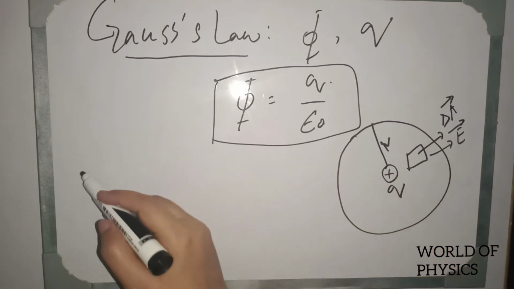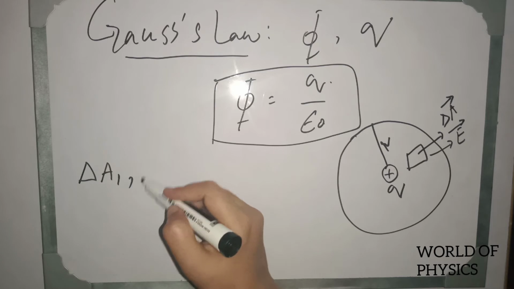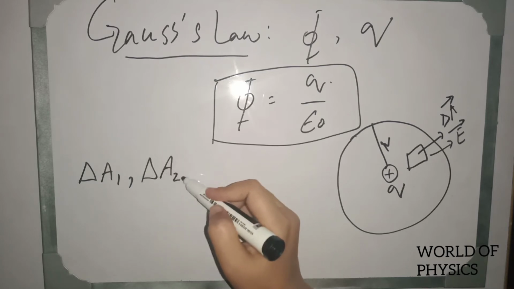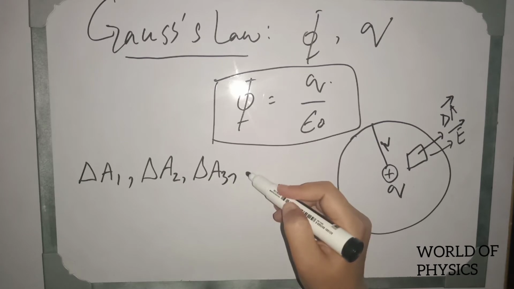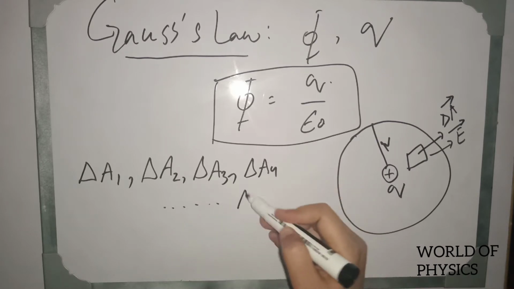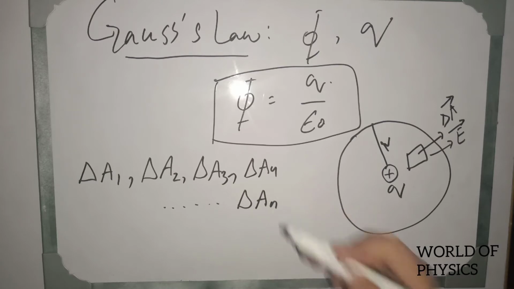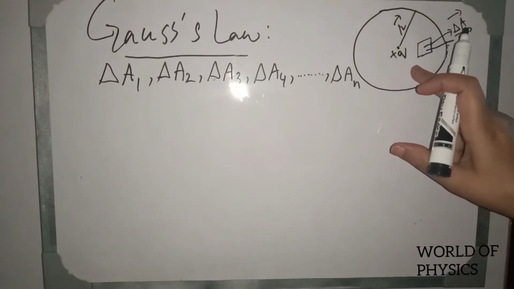Now we have to divide all the surface into areas del A1, del A2, del A3, del A4 up to del AN. So the first area is del A1 and the last area is del AN. We have divided the whole surface into a number of small patches.